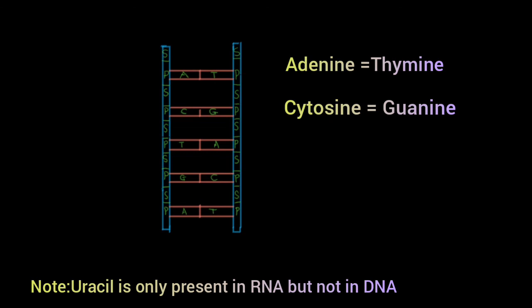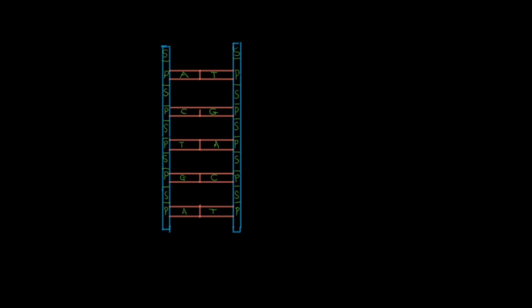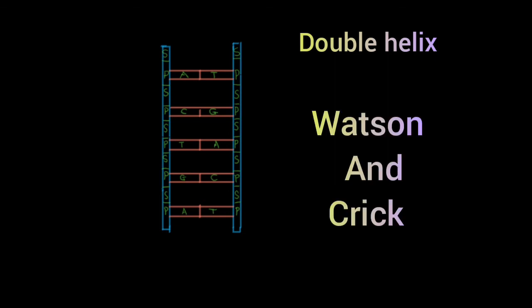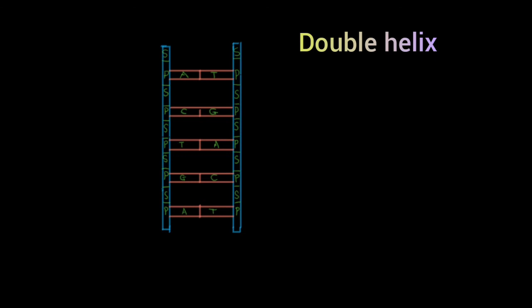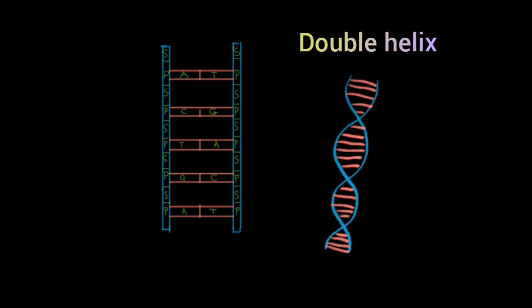Of course, the DNA molecule is actually a double helix structure. This was proposed by Watson and Crick in 1953. Here is the double helix structure, whereby the helices represent your sugar phosphate backbone, and at the center you have your nitrogenous bases in pairs.